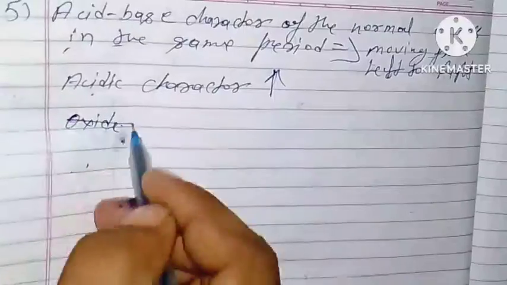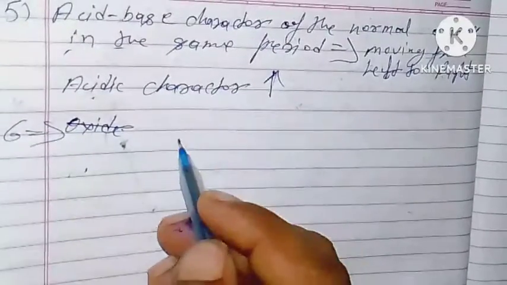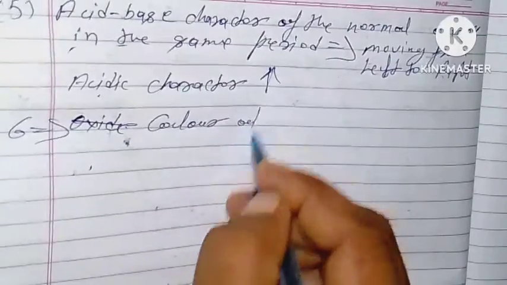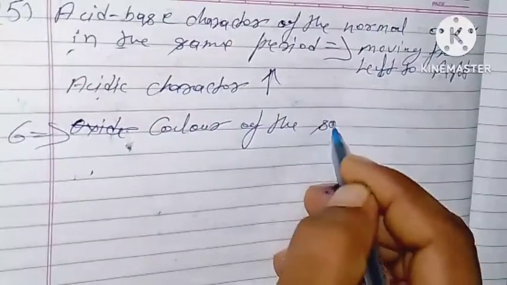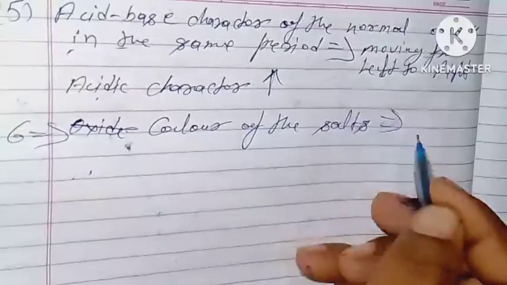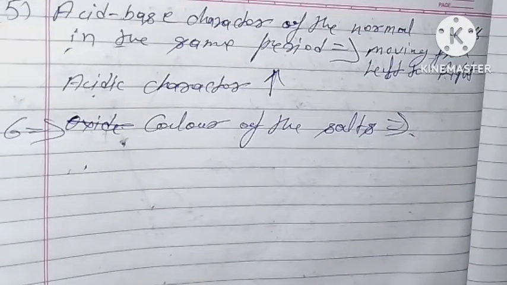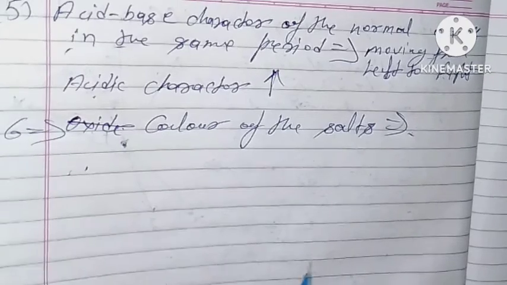And sixth: the color of the salts. Percentage ionic character depends upon electronegativity value. There is a close relationship between the percentage ionic character and the color of the salt.